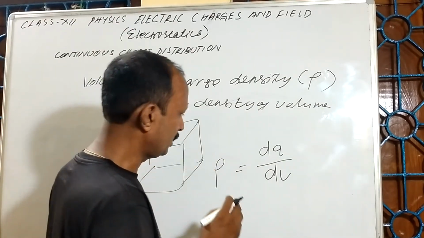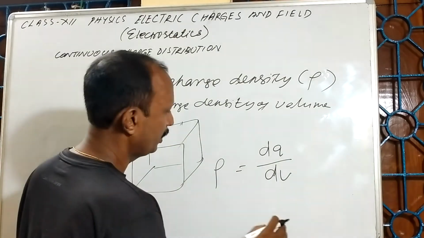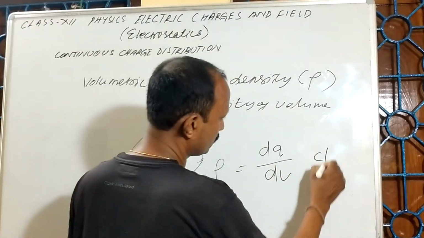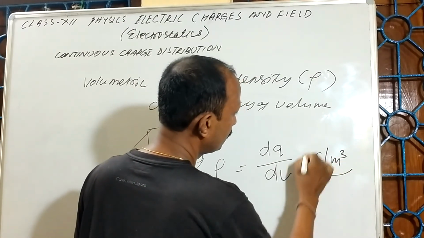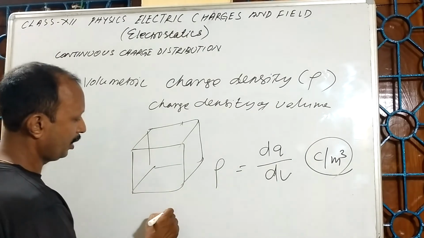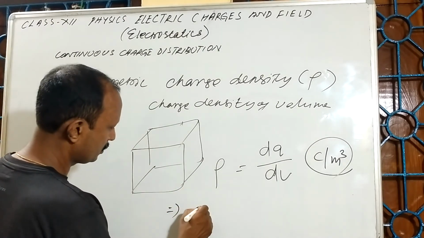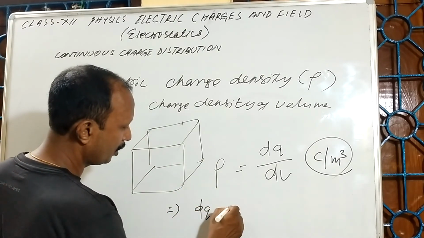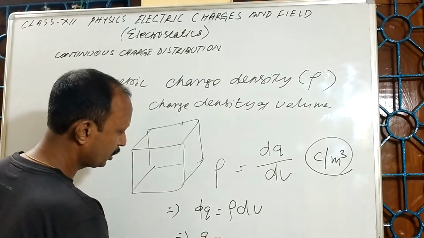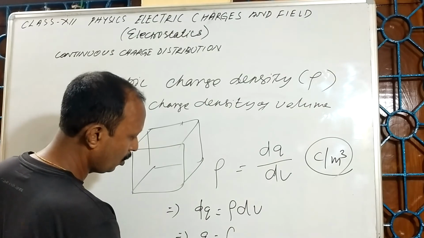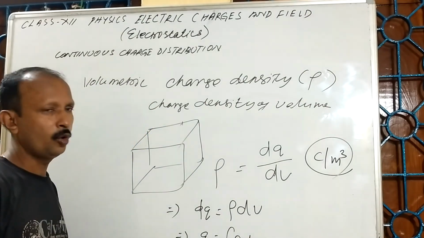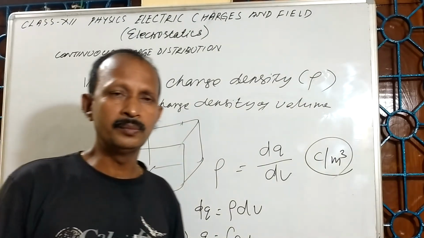So far as its unit is concerned, the charge is in coulomb and volume is in cubic meter. So now I can say that dq is equal to rho into dv, which implies that q is equal to the integration of rho dv. This is integration over the volume.